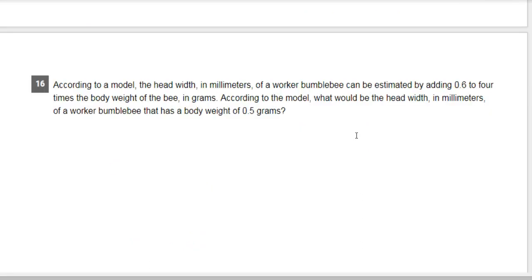All right, number 16. According to a model, the head width in millimeters of a worker bumblebee can be estimated by adding 0.6 to 4 times the body weight of the bee. All right, I'm not going to go any further. Right there, I need to translate and write up an equation. So the head width is, I add 0.6 to what?